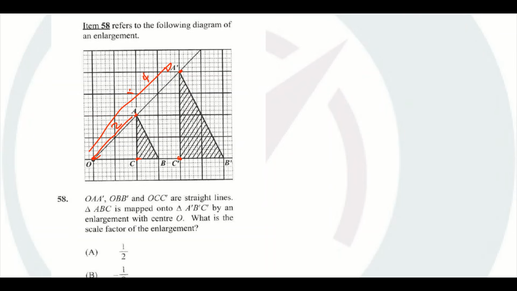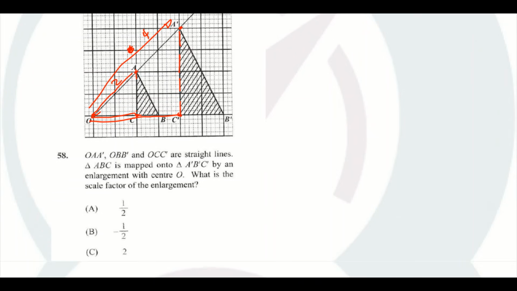So this is multiplied by 2, which means scale factor 2. Let's look at the side AC: it is 1, 2, and the side A prime C prime is 1, 2, 3, 4. So we multiply by 2, an enlargement with scale factor 2. So our answer is C.